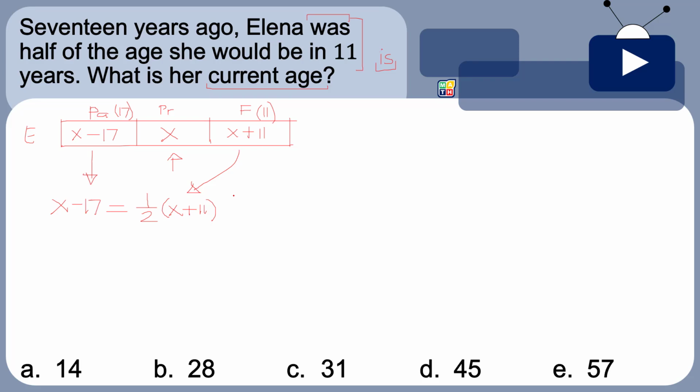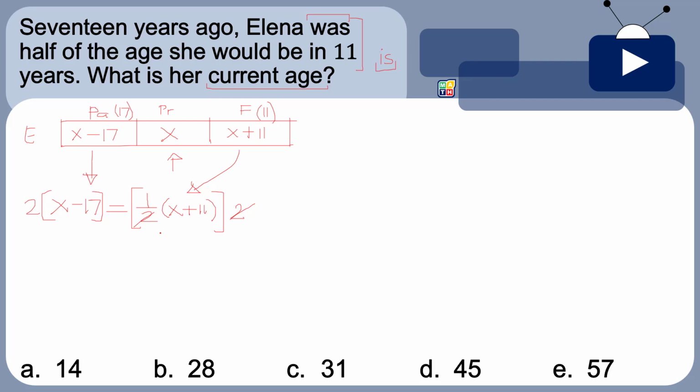Hopefully you were able to follow. If you were not able to follow, you can always review the video or stop and write your own understanding as well. After this, we'll be solving for x, the current age. What I could do here is multiply both sides by 2, because most of us have troubles when we deal with fractions. This is 1/2, so multiply by 2. If it's 1/3, multiply by 3.